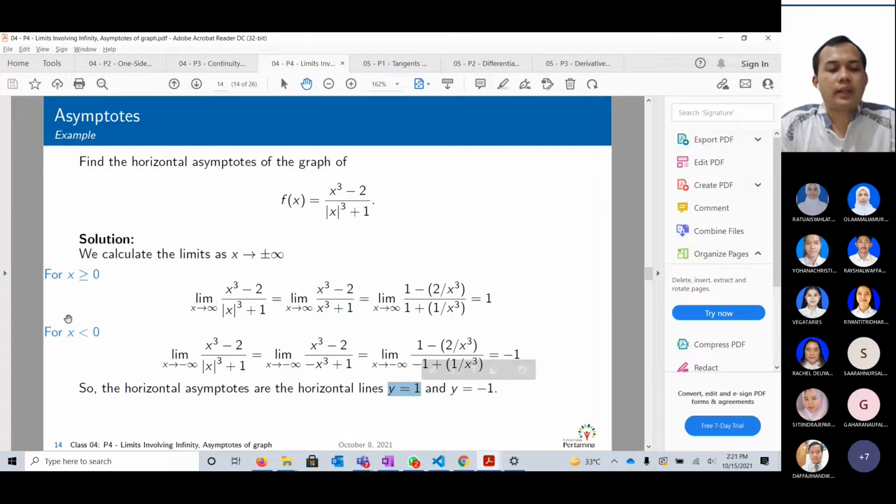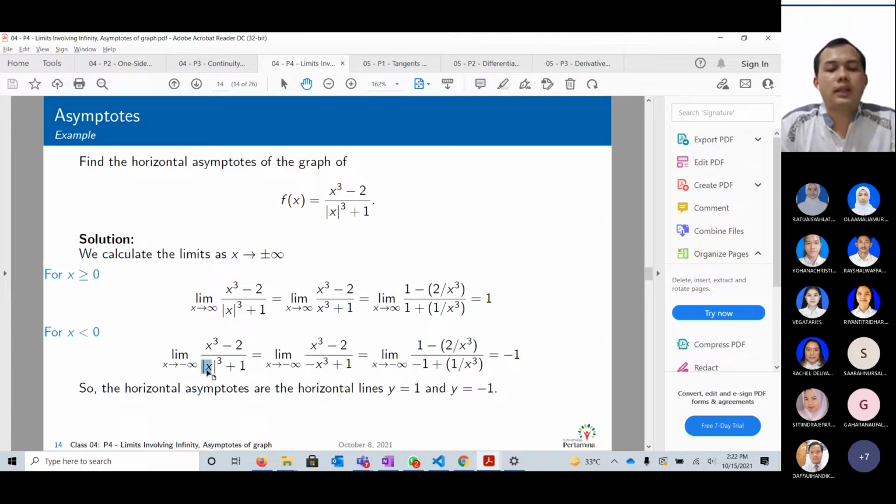What happens if x is negative? When x is negative, the absolute value of a negative number is the negative of that number.